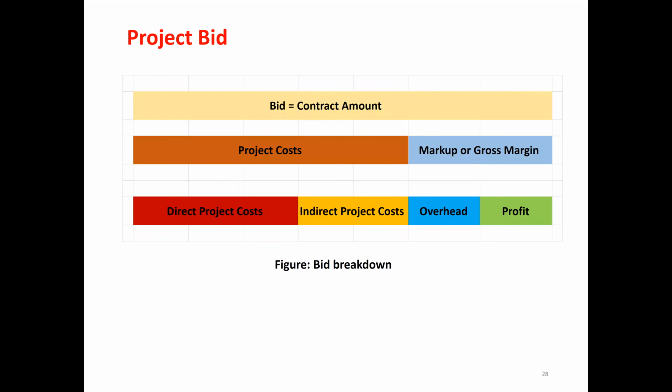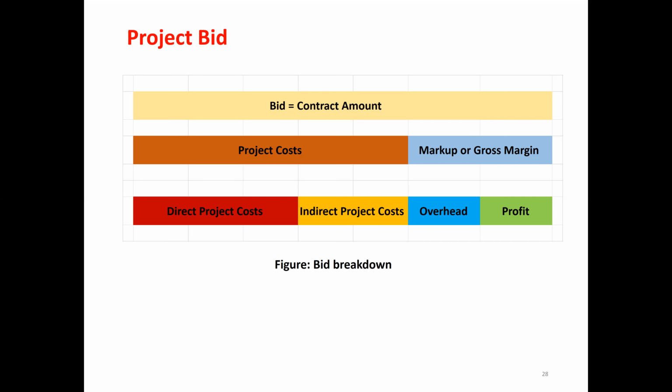We have discussed these things in chapter 2, like the bid package, and when we discussed project cash flows, we discussed direct cost and indirect cost. Similarly, in chapter 17, in the estimating process, we discussed direct cost and indirect cost.